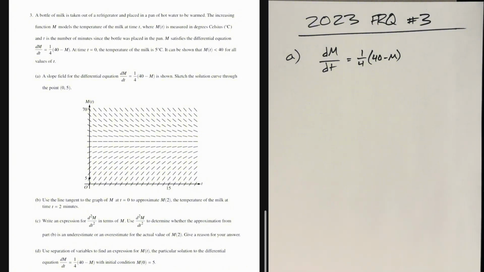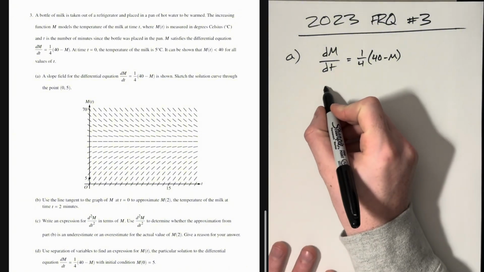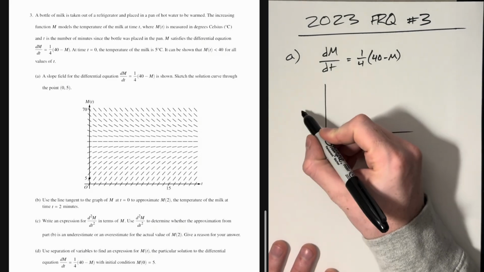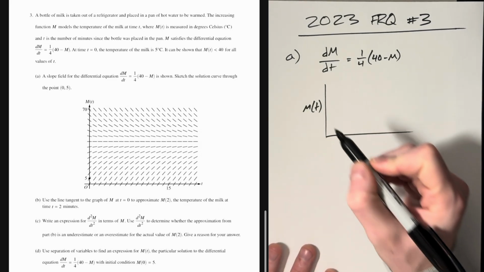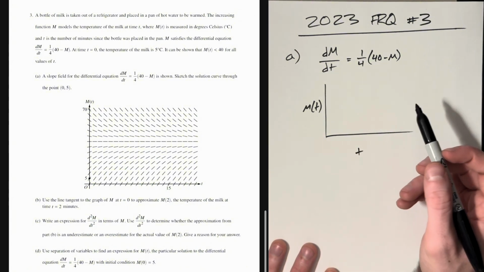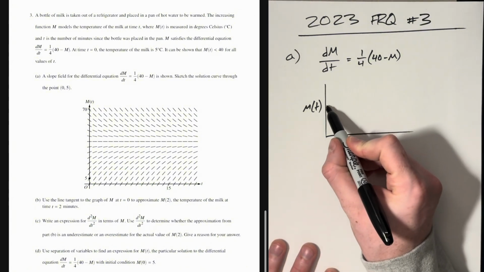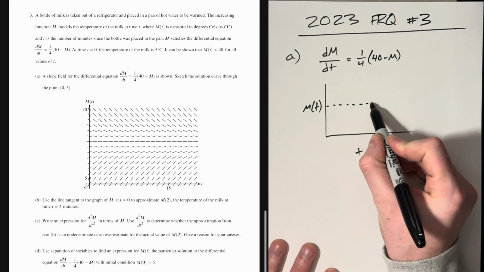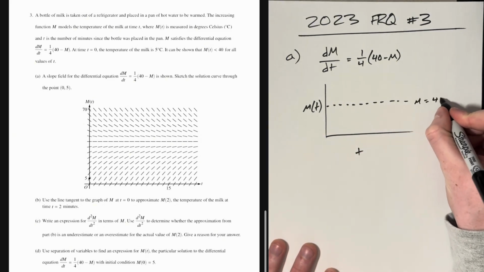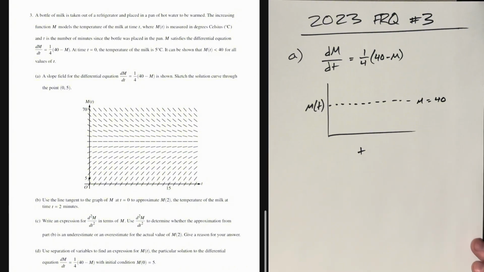Now, obviously, I don't have the solution curve right in front of me, so I'll do my best to kind of model it. We have our m of t over here. We have our t down there. And there's specifically in the slope field these dashed lines that go across at m is equal to 40.